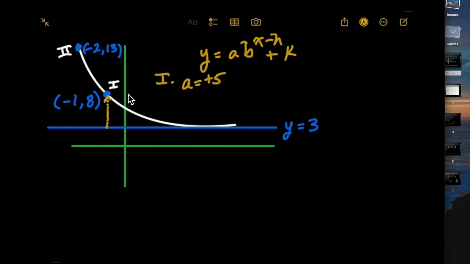Now, notice there's a shift to the left. So if you're at the y-axis and you move to Roman numeral 1, you move 1 in the negative direction, like so. Because there's a negative in that formula, we're going to say that our exponent is going to be x plus 1, the opposite of what we see.